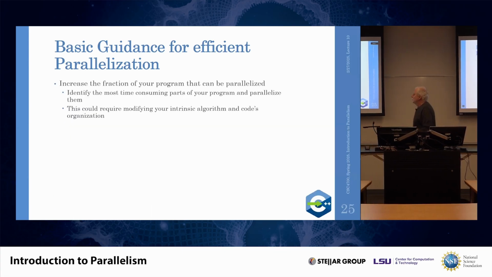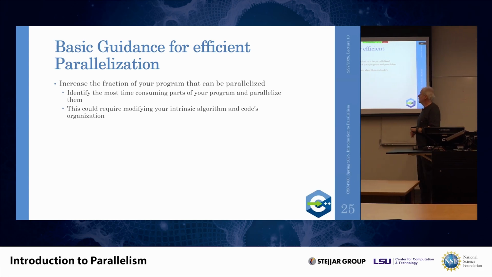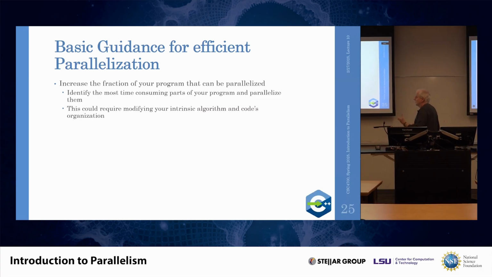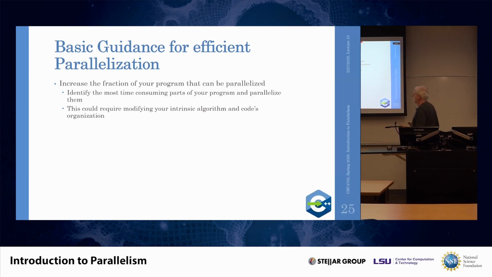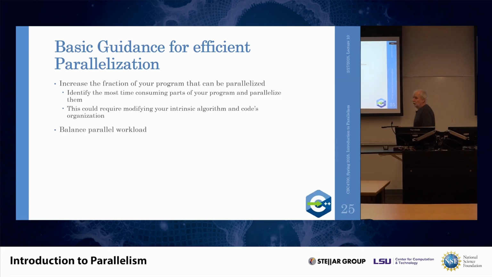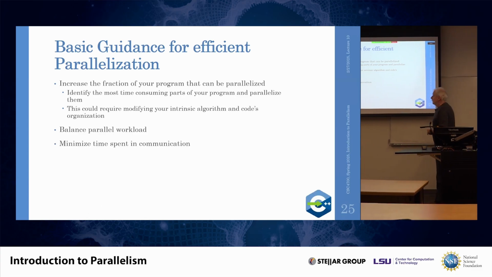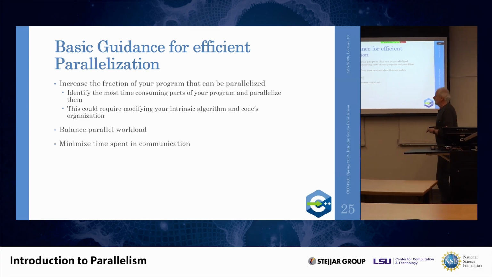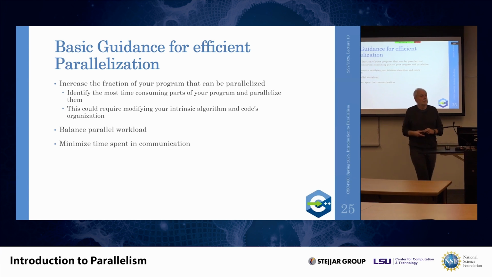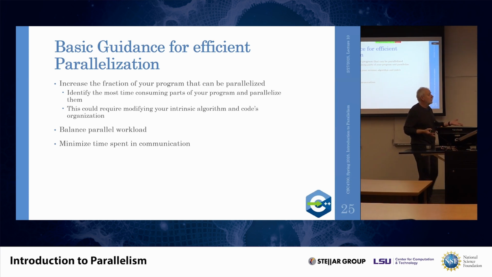So what we want to do is increase the fraction of our program that can be parallelized to a maximum, and we will see in a moment why that is the case. So we have to identify the most time-consuming parts and parallelize those. We have to balance the parallel workload, and we will see in a moment why that is important as well. We have to minimize time spent in communication. If you communicate, we don't do any computation, so we don't make any progress in our application.